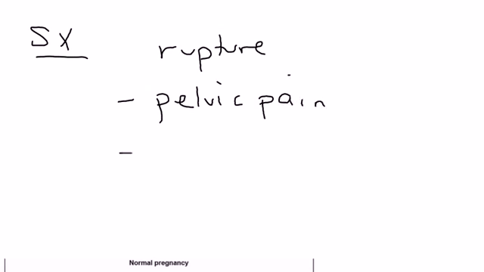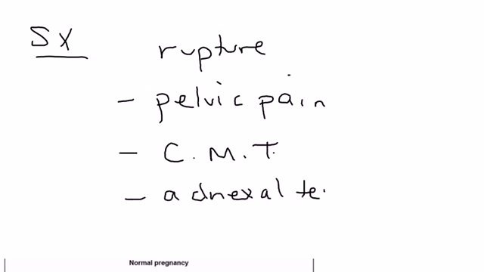They can include cervical motion tenderness, CMT, adnexal tenderness. Cervical motion tenderness is when the cervix is moved with the finger on a physical exam. There's tenderness, and adnexal tenderness just means tenderness in the adnexa area of the pelvis.